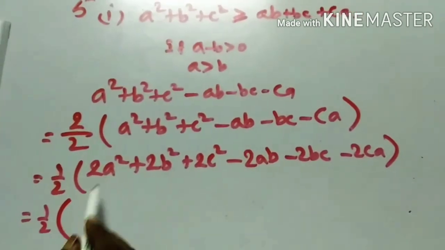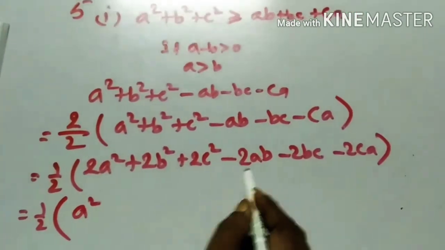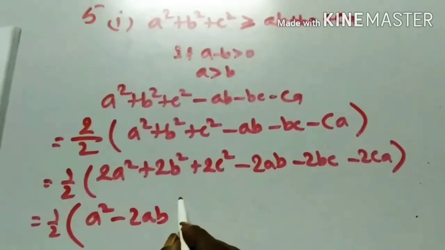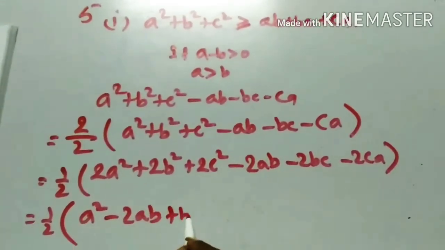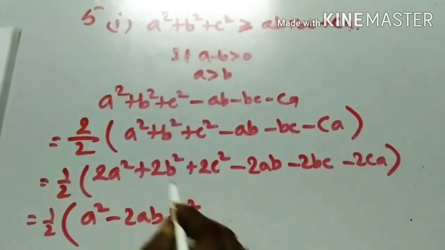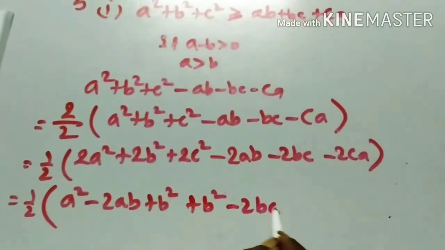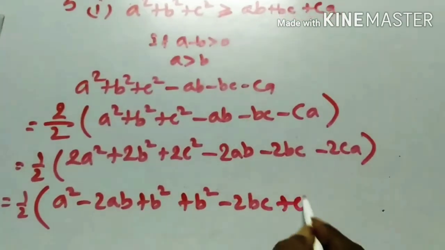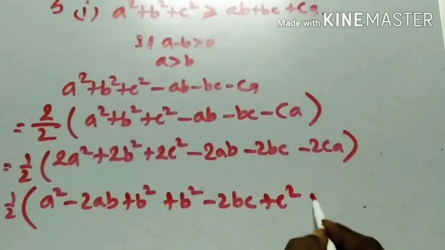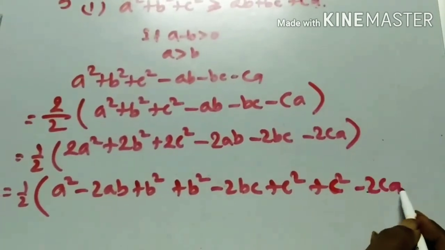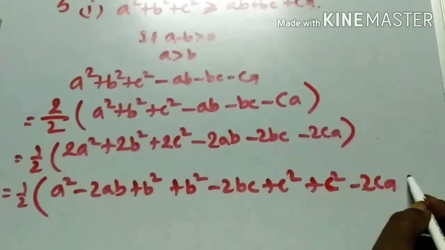Here there are 2a square: 1a square minus 2ab, and I am taking 1b square from here. Now 1b square is left, minus 2bc and 1c square. Now 1c square is left, minus 2ca and 1a square is left.